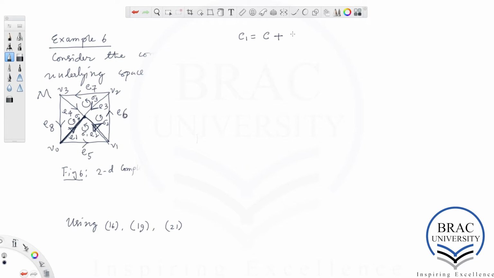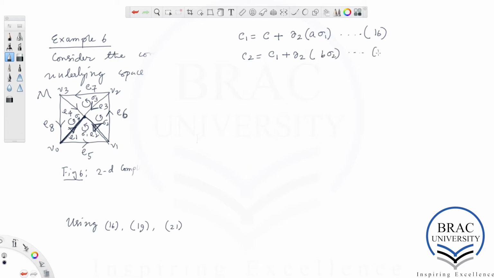C1 was equal to C plus the boundary term del 2 A sigma 1, that was 16. And what was 17? 17 was a modification in the second step. No, we don't want 17, we want 19, right? So 19 is given by C2 is equal to C1 plus delta 2 B sigma 2.